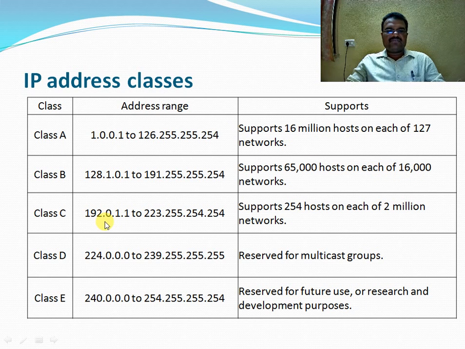In class C, 192.0.1.1 to 223.255.254.254 supports 254 hosts on each of 2 million networks. Class D is reserved for multicast groups, and class E is reserved for future use and research and development purposes.